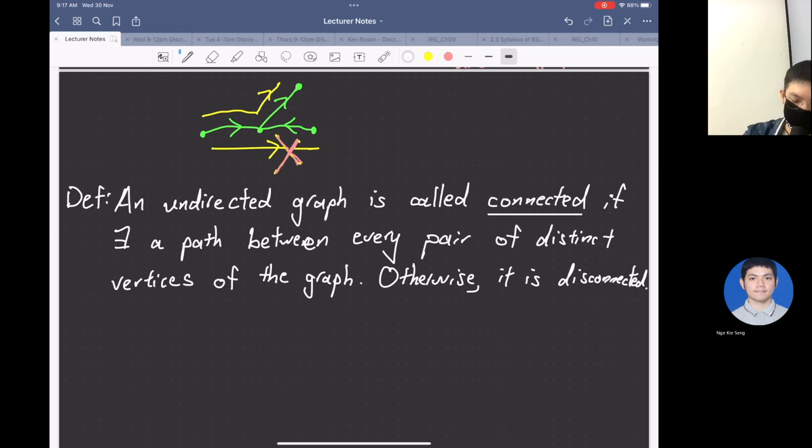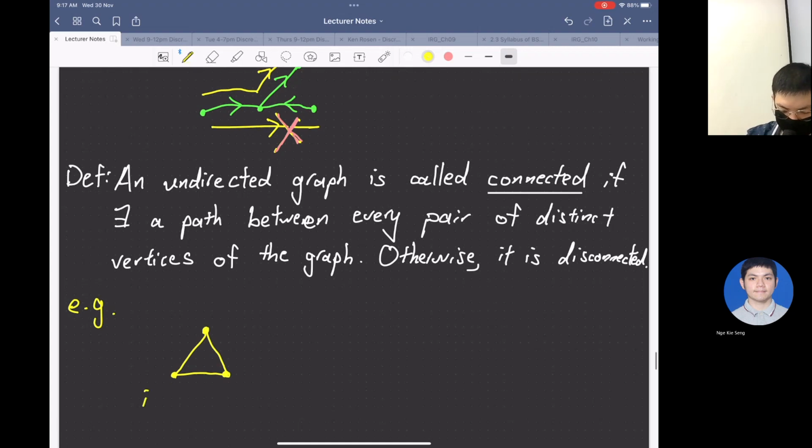For example, this triangle, a cycle, is connected because for every 2 points you can find a path between them.